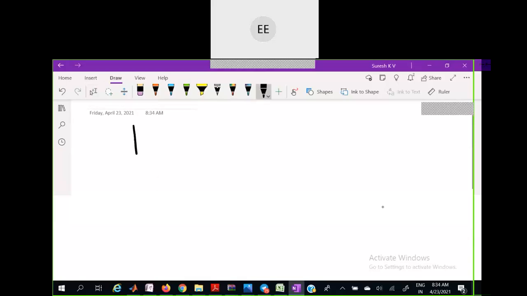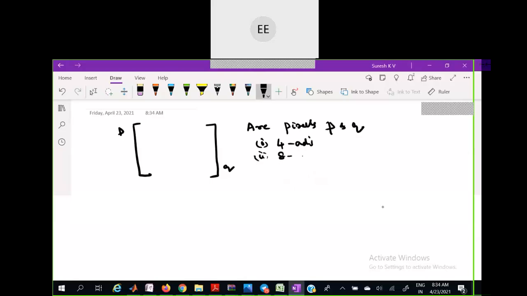What the question would be like this: usually, an image will be given. You will be given P and Q, and the question will be, are pixels P and Q number one 4 adjacent, number two 8 adjacent, and number three M adjacent. Okay, this is the first question.